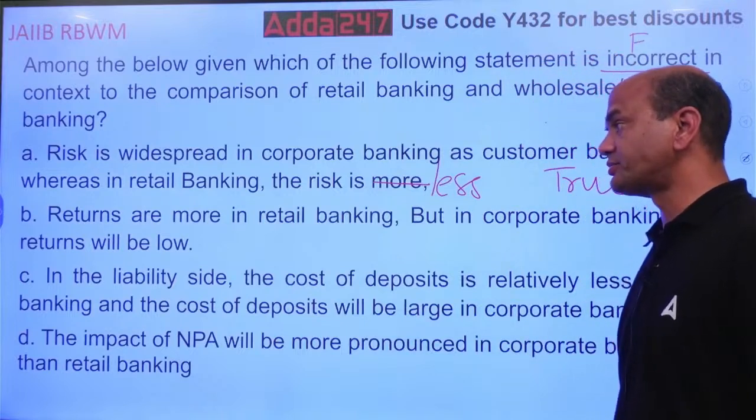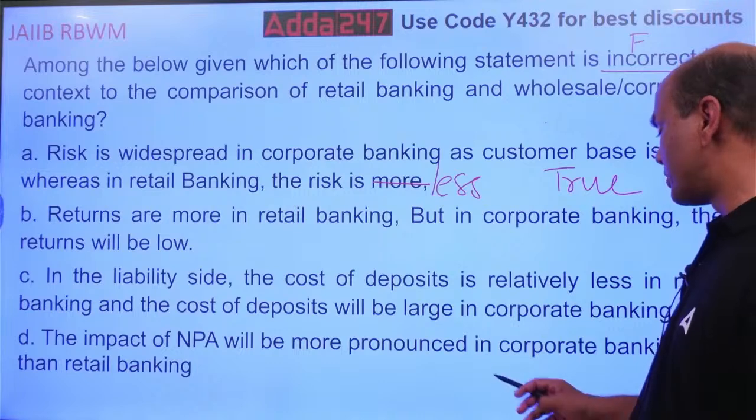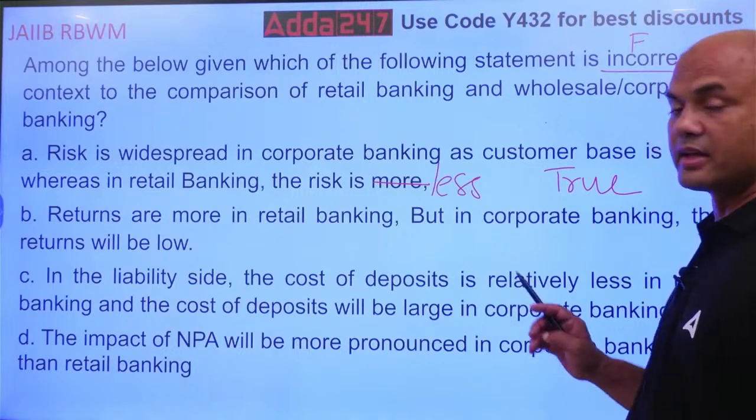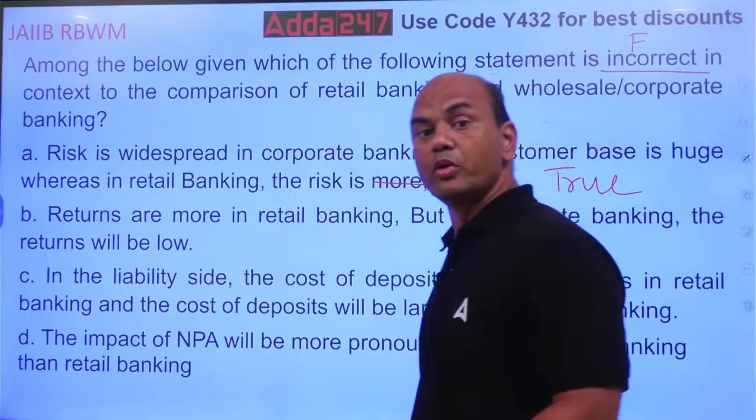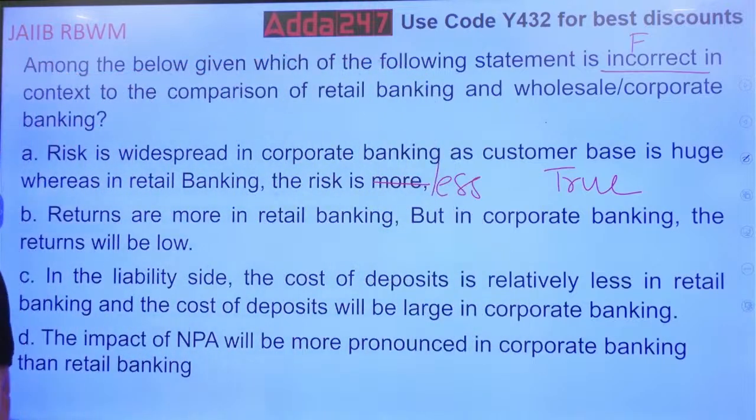Third one: the impact of NPA will be more pronounced in corporate banking than retail banking. It will be more in corporate banking, whereas in retail banking the NPA will be less. Which one of them is false? Kindly understand, the question is false. False you wanted, huh?